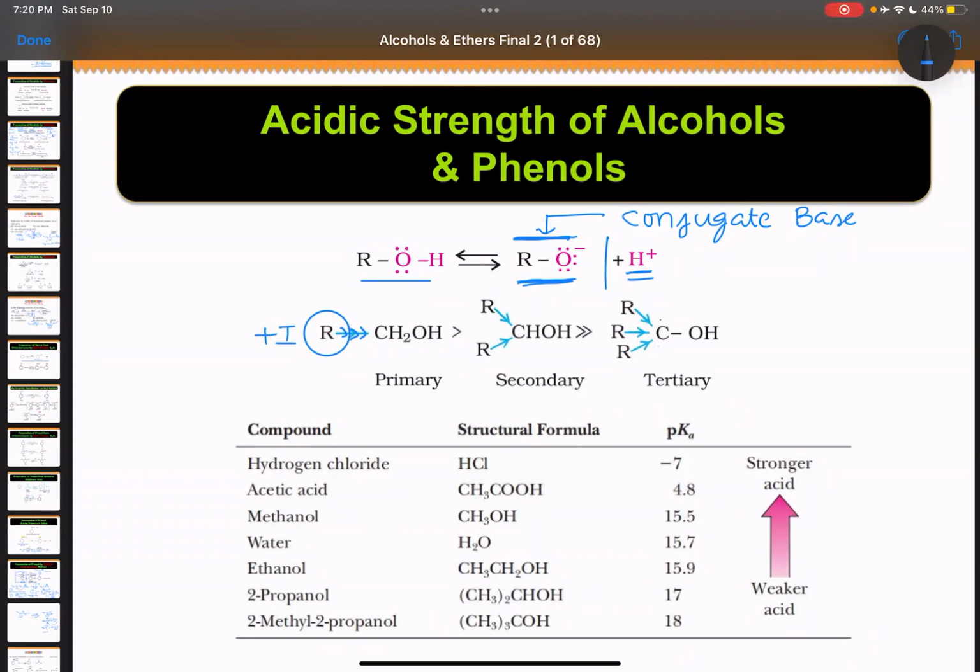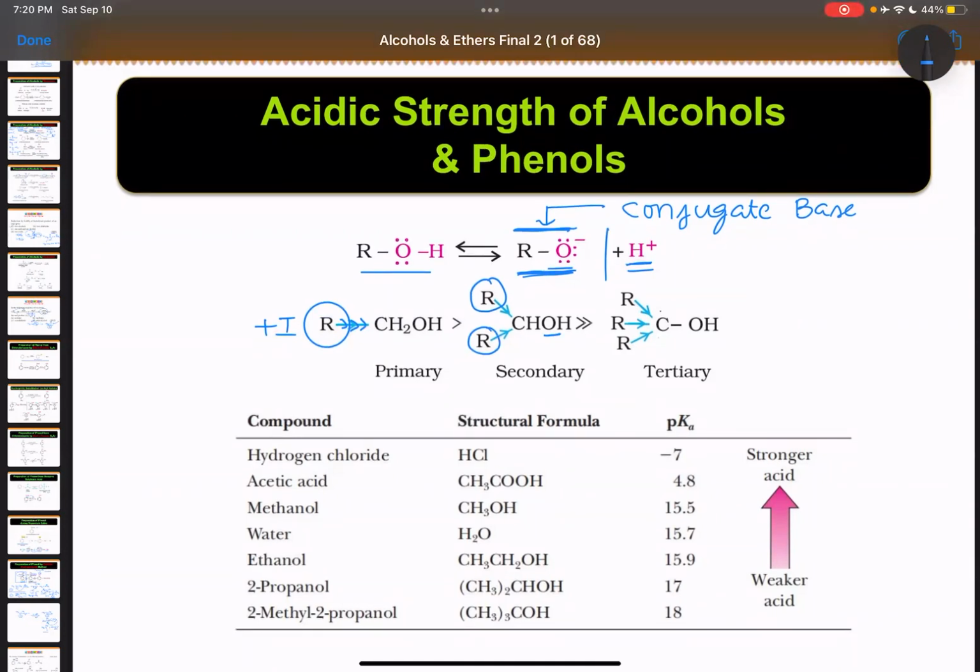But if you have electron pushing groups, just like the alkyl groups, then this is not going to give H plus because then the O minus is going to become more and more minus. And if it is becoming more and more minus, why would it give H plus? H plus is not going to come out from the O minus. Is it clear?